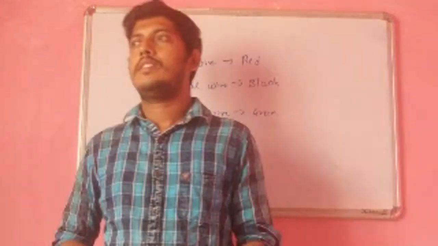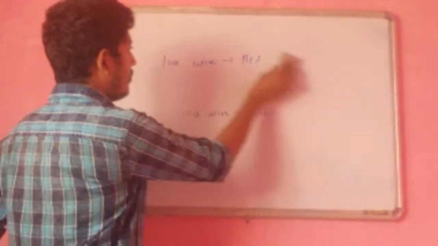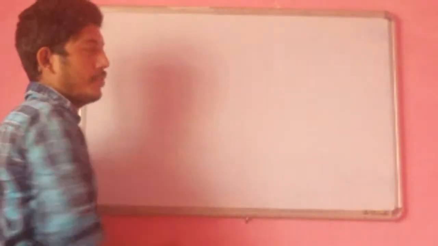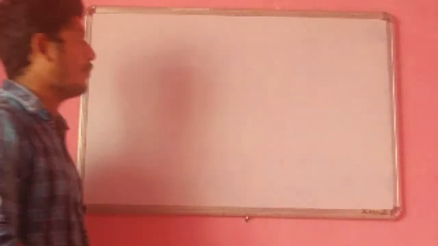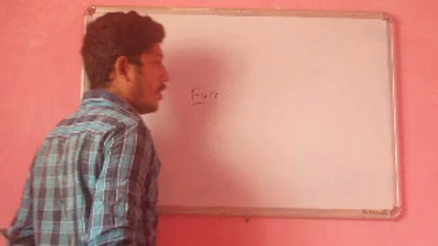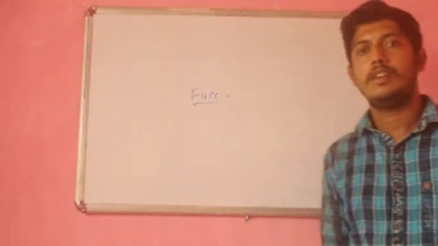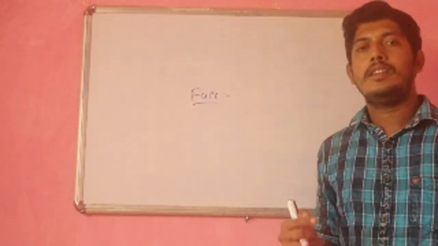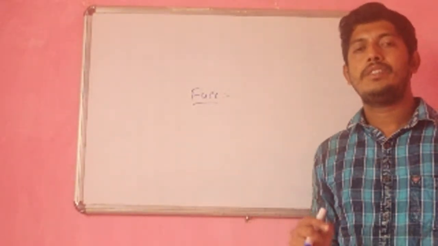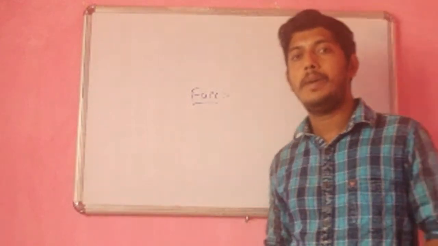And the next one that is very important, that is what is the use of fuse? In our homes sometimes we will tell fuse is gone. That means it is a wire which is having low melting point.